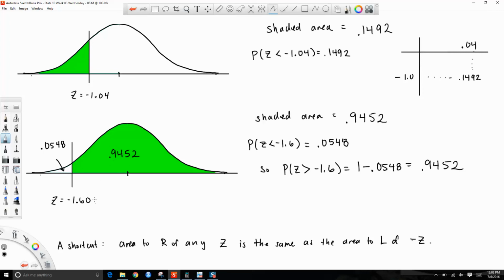That is the same as the area to the left of positive 1.6 because it's symmetric. But that's a shortcut, and if you're not comfortable with that, don't worry about it. I just want to throw that out there. Is this okay? I'll give you guys a second to get that written down.